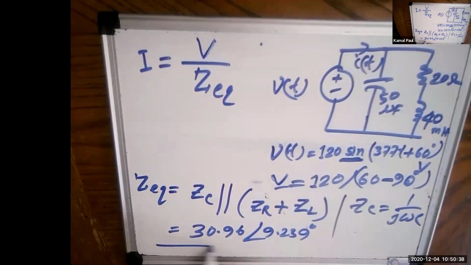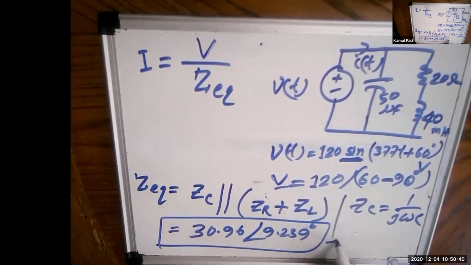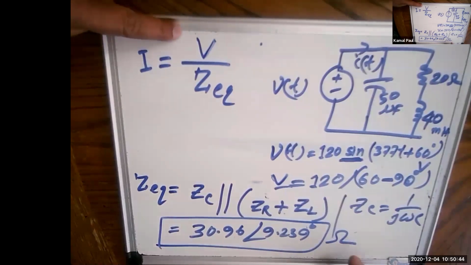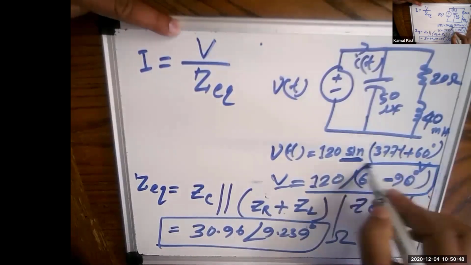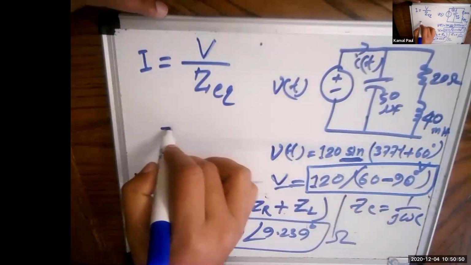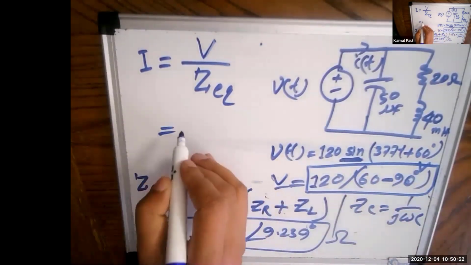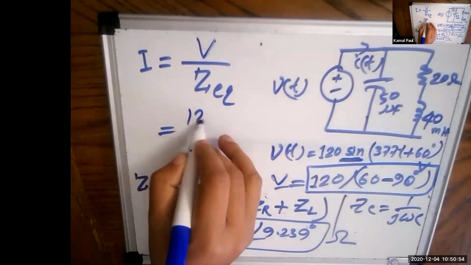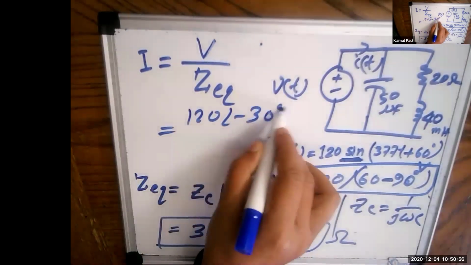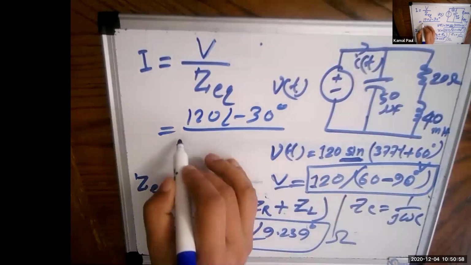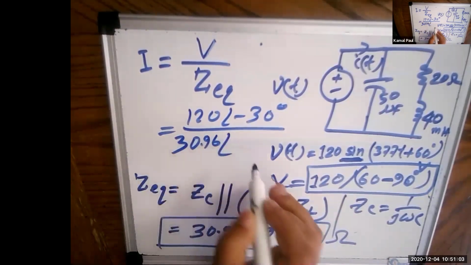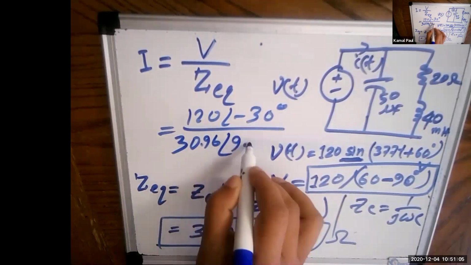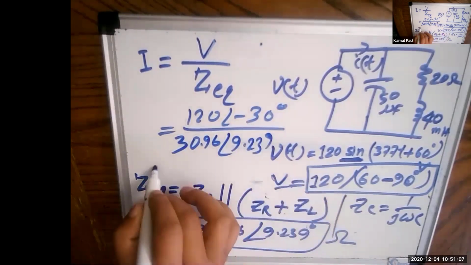Once you get this value, this is in ohms. Don't forget to put the unit here. You already know the polar form of the voltage here. If you divide these two, you will get the current: 120 angle of minus 30 degrees over 30.96 angle of 9.239.